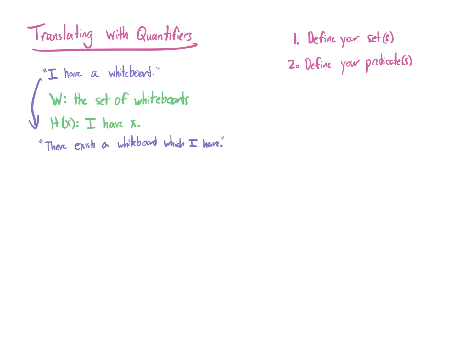This now tells me what to do pretty clearly. I have my sets, I have my predicates, I have a translation. I've just rephrased the sentence in such a way that it sounds more like a quantified logical statement. I can write now: there exists an element X in the set of all whiteboards such that I have it, such that I have X. There exists X in W such that H of X. And that's my complete logical translation for this statement.